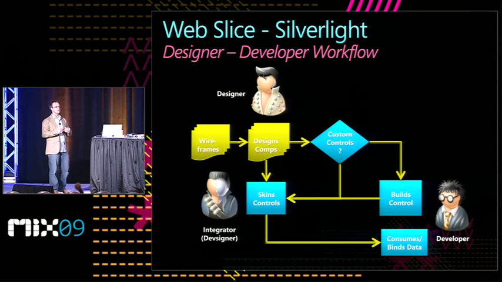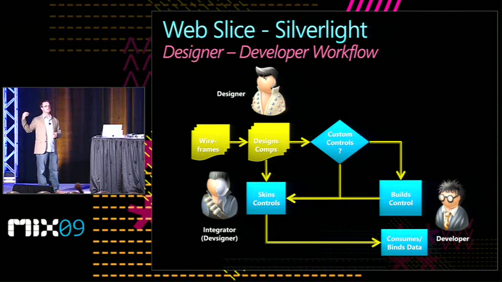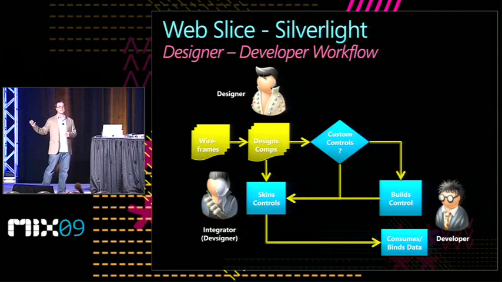And their responsibility is to take the design and put it into the Silverlight construct. So maybe it's building the XAML, maybe applying some motion animation, and integrating the custom controls that maybe a developer built, or integrating the consumption of content that the developer might be consuming from Digg's API. They're integrating that within the presentation layer.